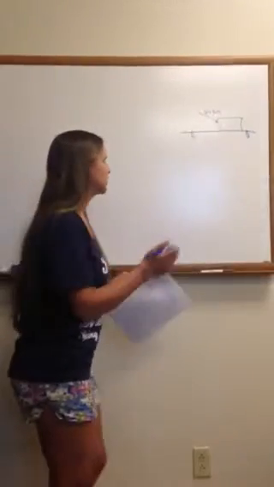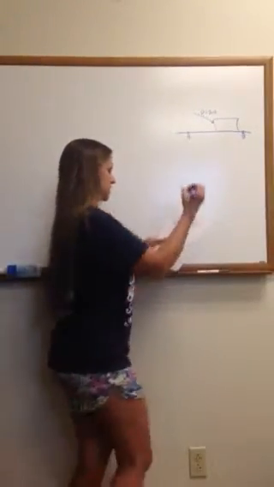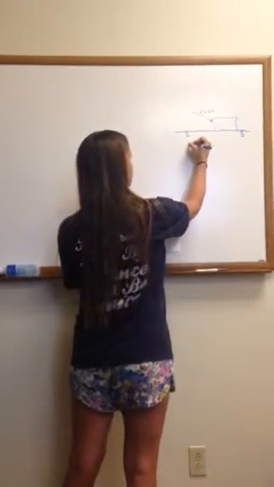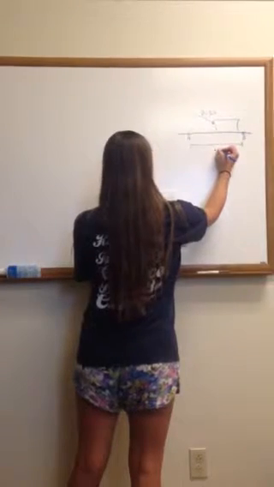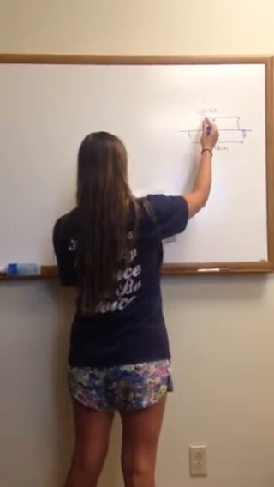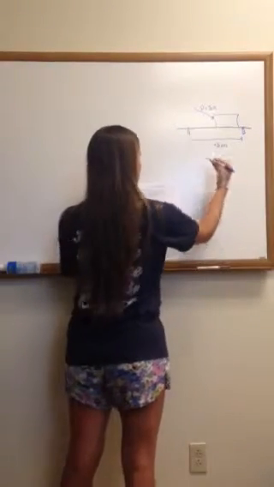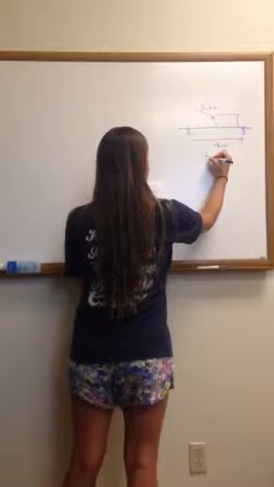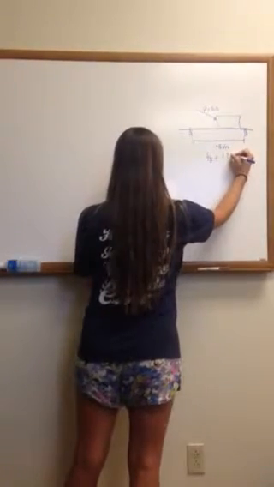So first we're going to look at this drawing and we're going to start labeling some things. So we have the distance between point A and point B is 0.5 meters. We have this P force pushing the block, and that's 5.4 newtons, and we have a friction force of 1.2 newtons.